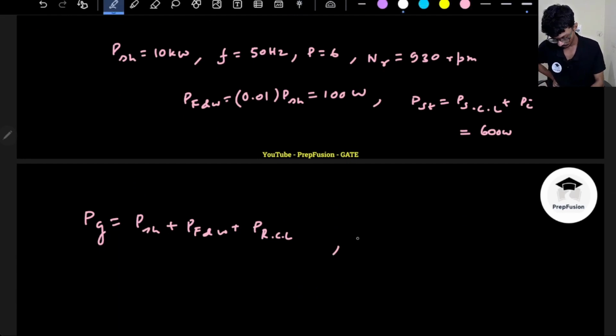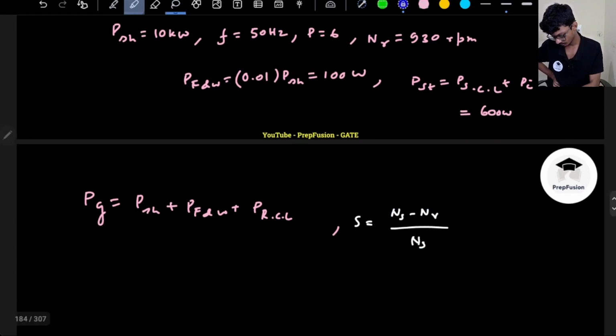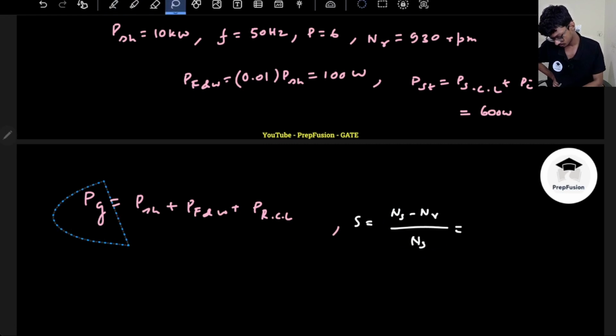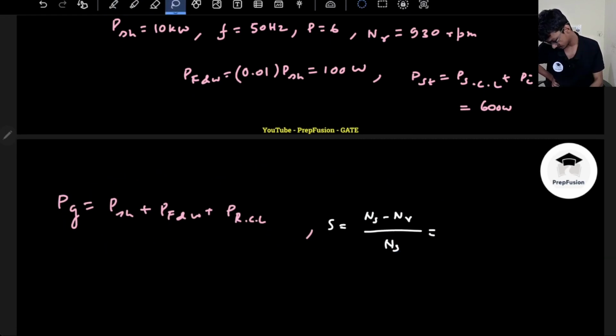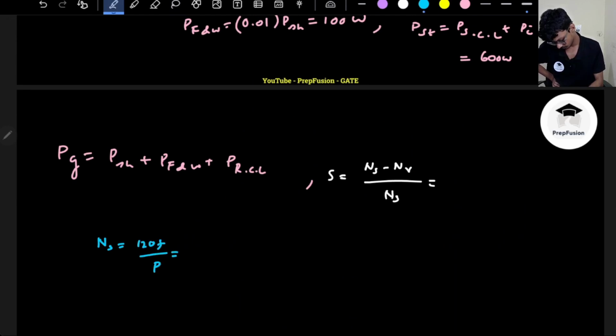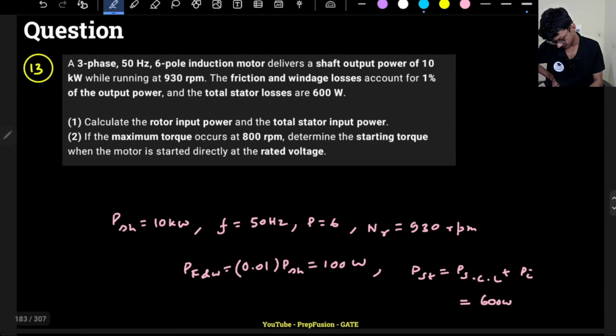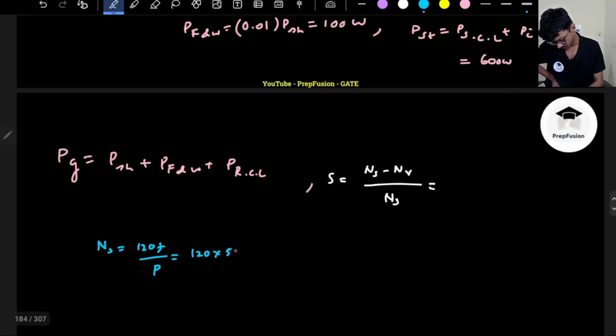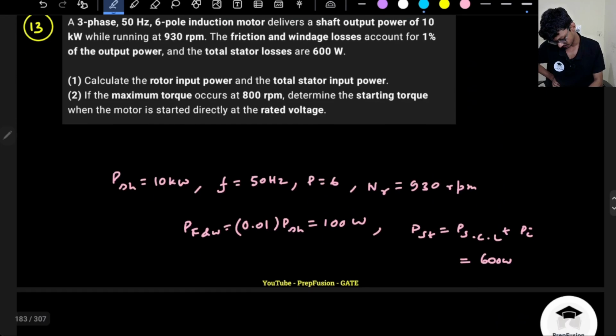Slip S will be (ns minus nr) divided by ns. Ns this time is, I guess, 1000. So ns is 120 f by p, which is 120 into f, f is 50 hertz, p is the number of poles, 6 this time, it has changed.